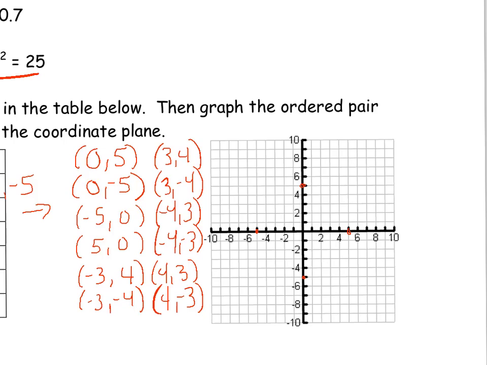So let me see, (negative 3, 4), (negative 3, negative 4), (3, 4), (3, negative 4), (negative 4, 3), (negative 4, negative 3), (4, 3), and (4, negative 3).